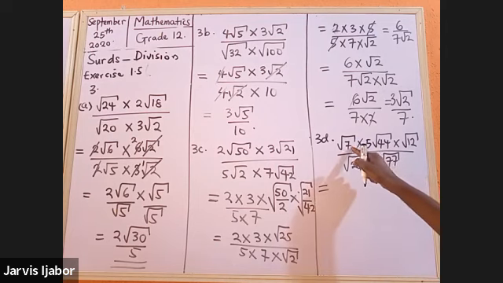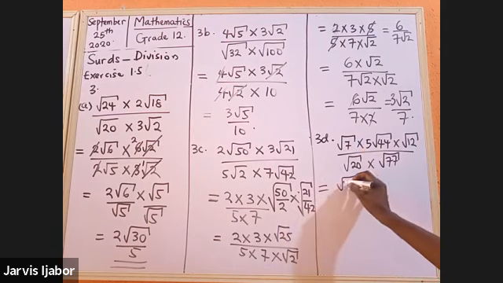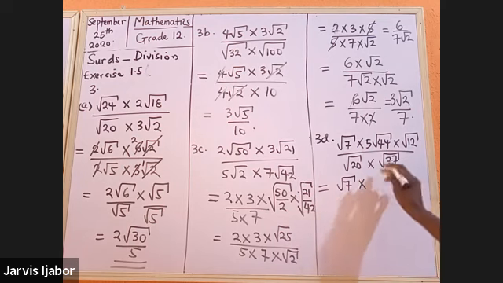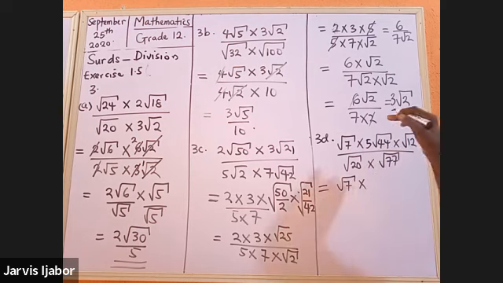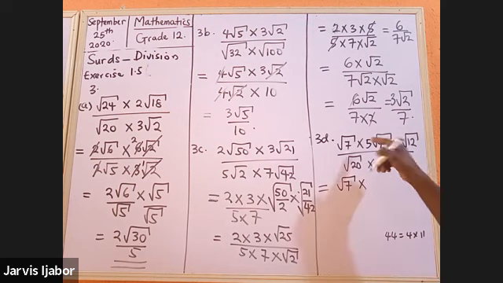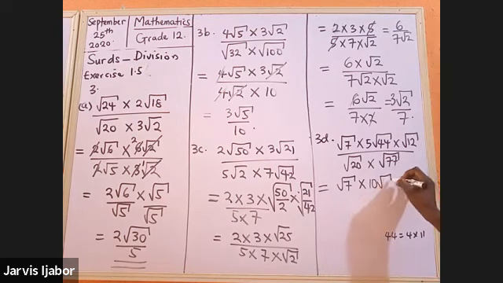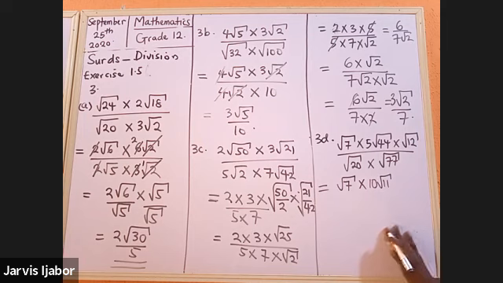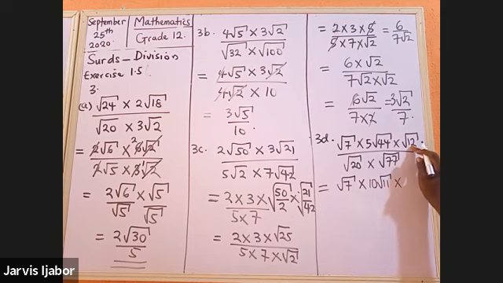Here, 44 is actually 4 times 11. I can find the square root of 4, which is 2, times this one gives me 10 root 11. Watch that. 12 is 3 times 4. Square root of 4 is 2.